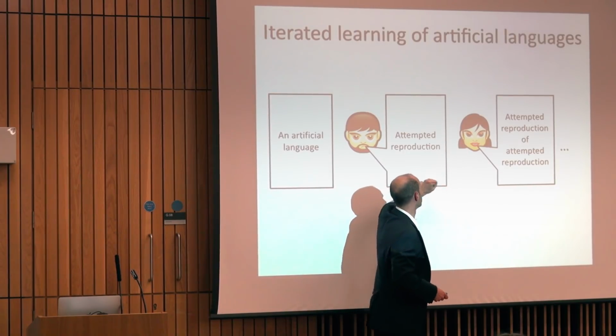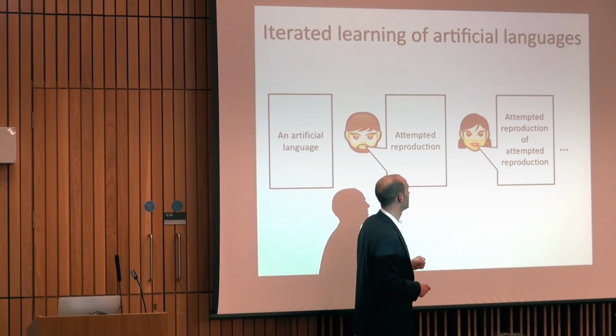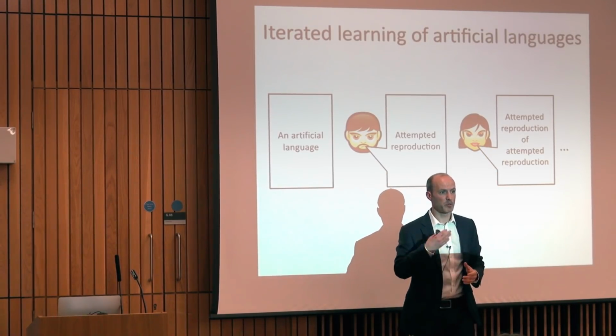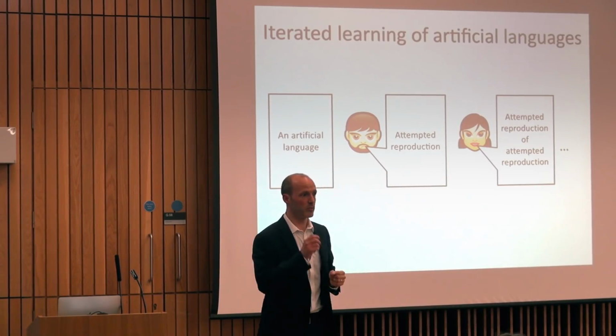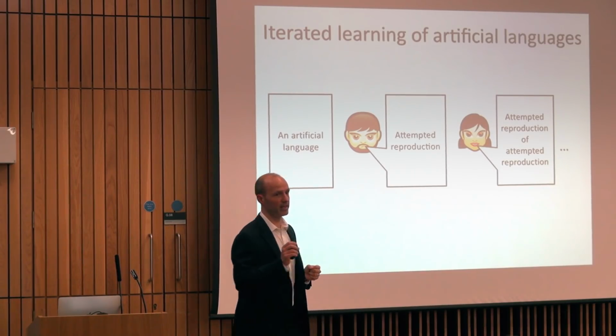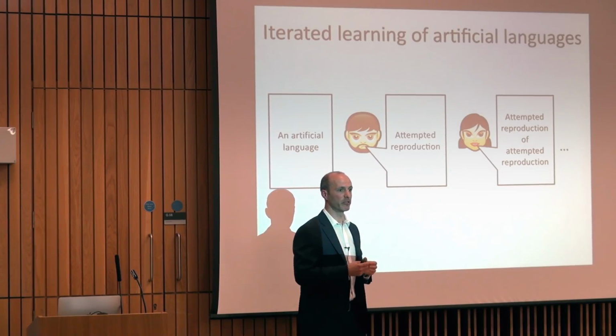So she's trying to learn the language produced by this guy rather than the initial language that we designed. And then after some time of learning, she'll produce a new version of that language, which we can use as the target for learning in a third individual, and so on. So we can pass these miniature languages from person to person in a kind of boring lab analog of the more fun game of Chinese whispers that you might have played when you were a kid.